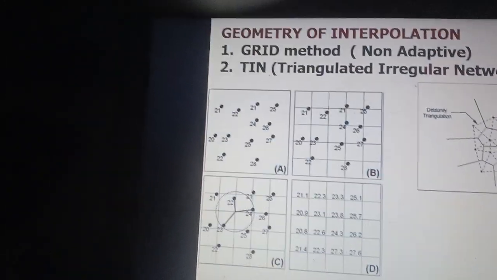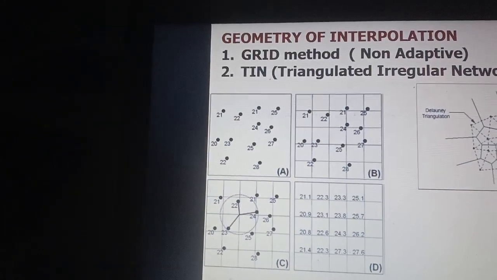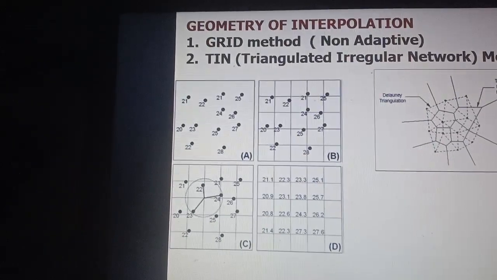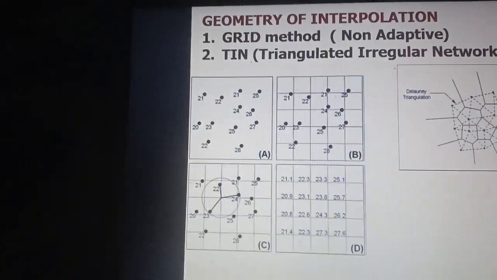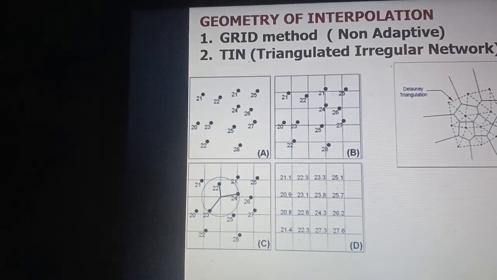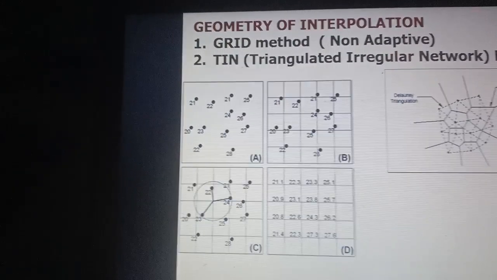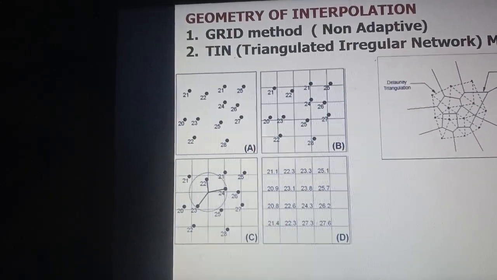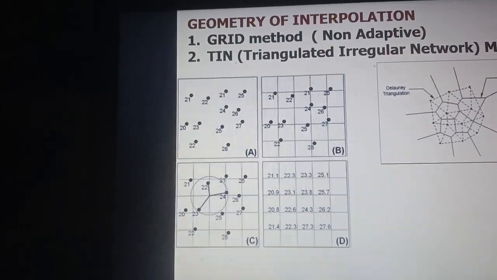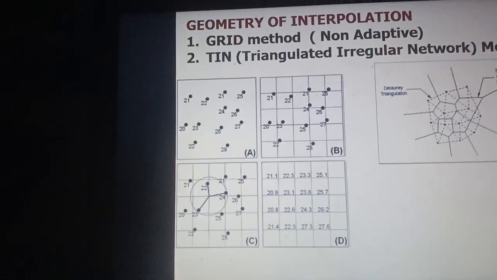If it is random samples and the number of samples is restricted to a certain part of the area, the accuracy level is not so good because it is a non-adaptive method. Based on the number of samples only, the interpolation takes place.